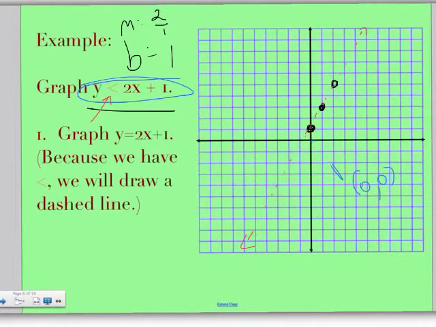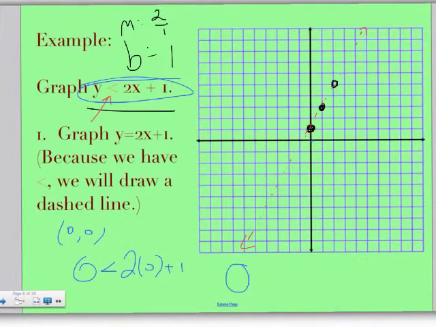Okay, so what that means is I'm going to plug 0, 0 in for my points. So I've got 0, 0. So that means I'll have 0 less than 2 times 0 plus 1, which means that 0 is less than 1. That is a true statement.